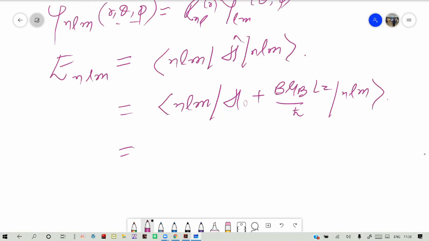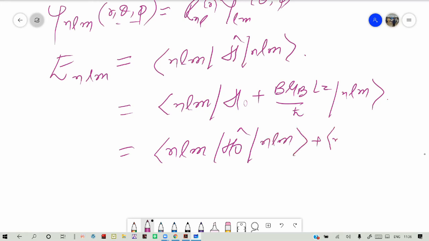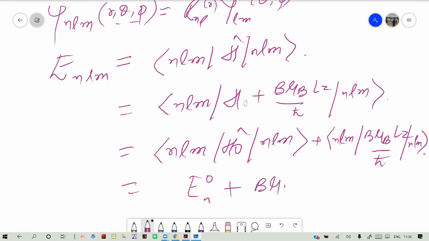Now separating it, yes, sir. If this is the zero, ground state, plus I can write B mu B by H cut. Here we were left with this, because this is the only term which will change.